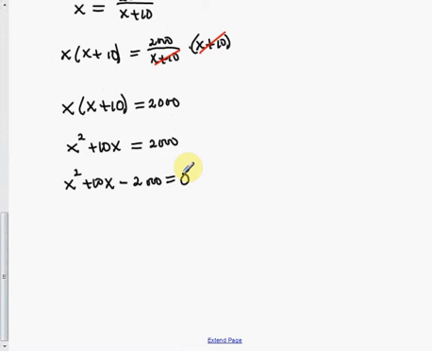Where you can solve by the formula, or you might be able to factor. We can factor this. This is x parentheses times some other x over here. What are the factors of 2,000 such that the sum of those numbers would give us that positive 10?